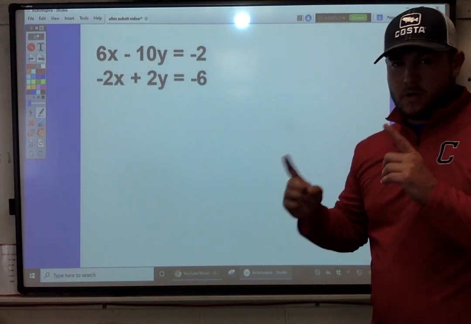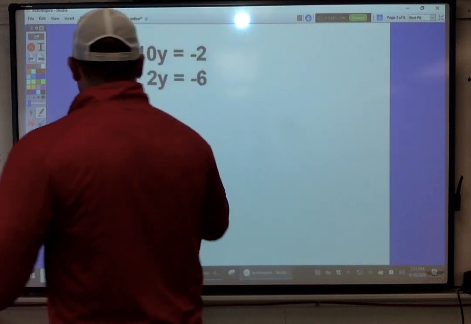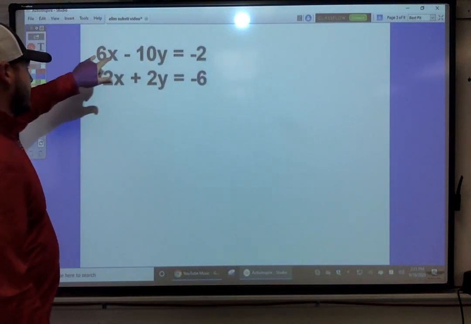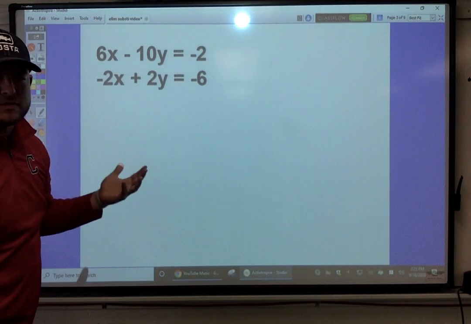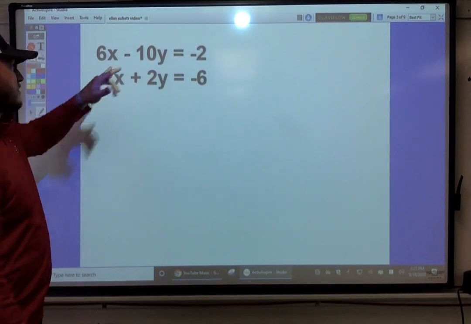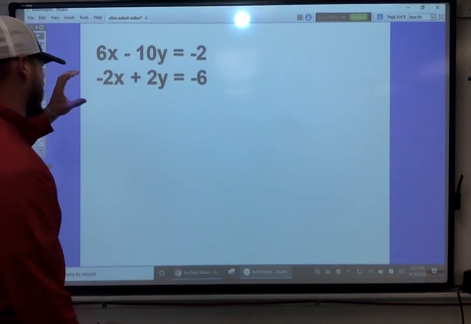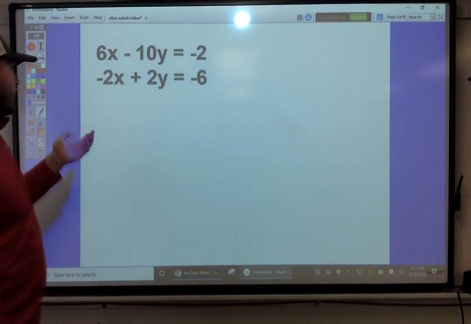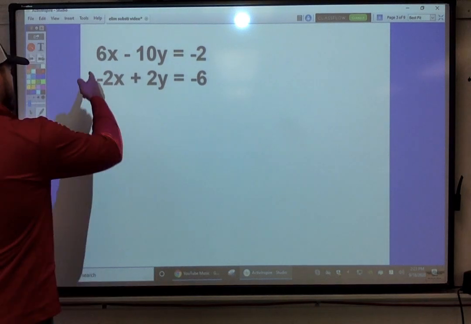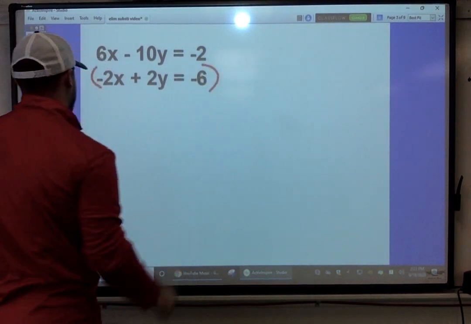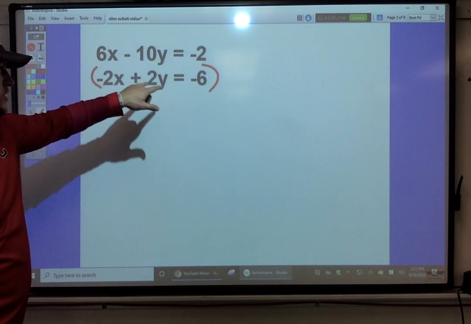So that means I've got to multiply something. Well, if I looked at my top equation, 6 times something would obviously be a fraction to get 2. Same thing with 10. So I need to work with my bottom equation. So I'm going to cancel out our x terms. To do that, I know I'm going to multiply this entire equation by a number.